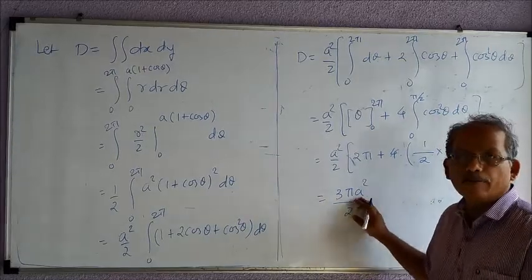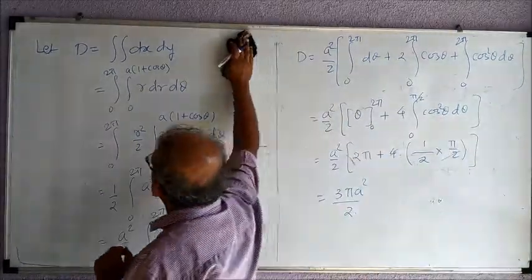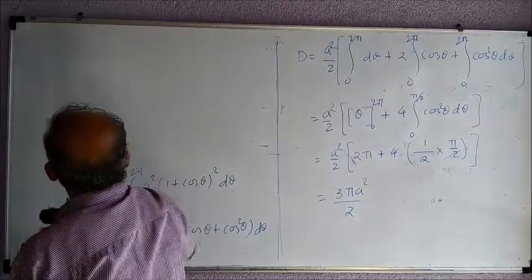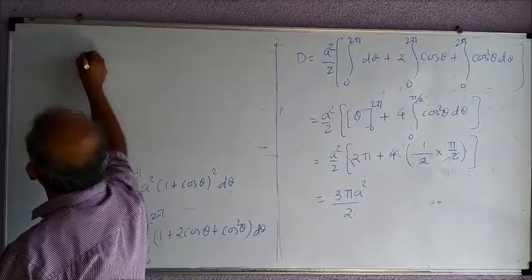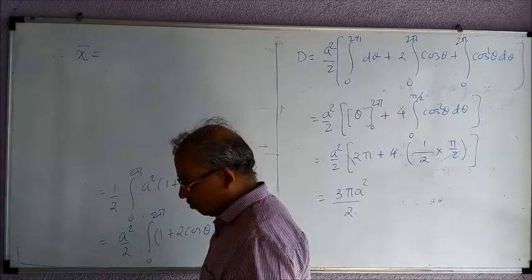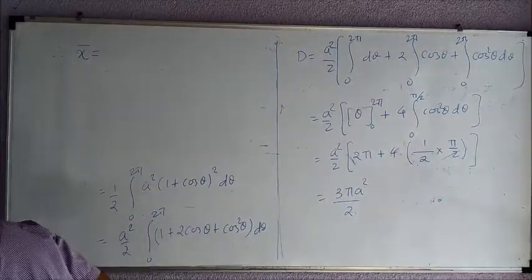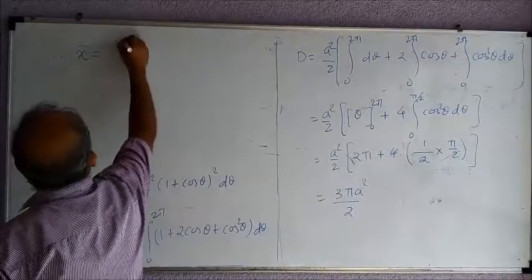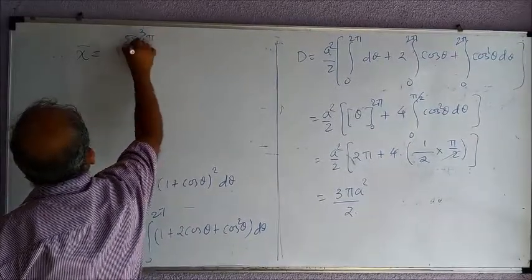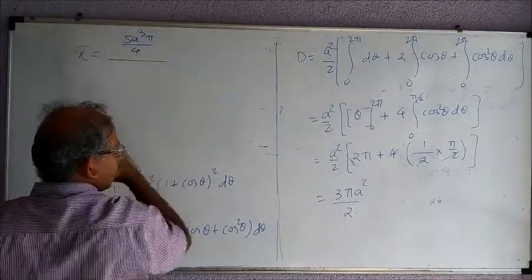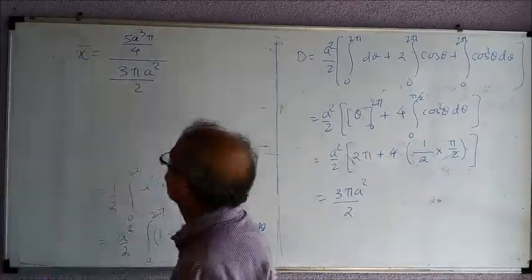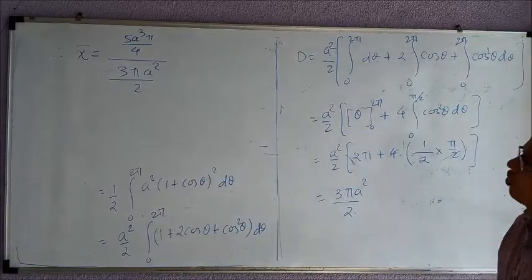Numerator is calculated separately, denominator is calculated separately, so let us put them in equation number 1 and we'll get our x coordinate. Therefore x bar is equal to 5 a cube pi by 4 divided by 3 pi a square by 2, numerator by denominator.